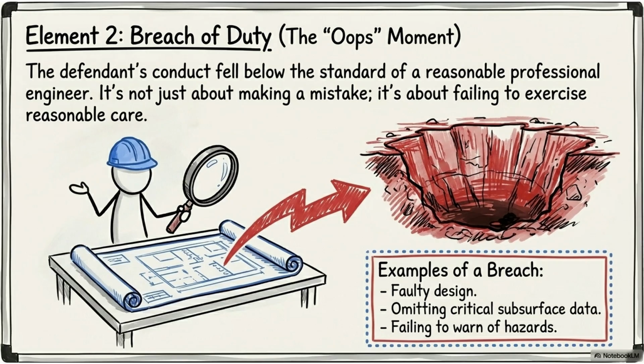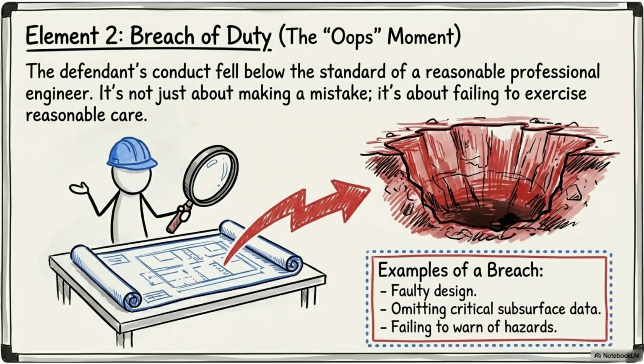Second, breach of duty. The defendant didn't follow good standards of behavior. So their conduct fell below the standard of a reasonable professional engineer. And that's a very crucial point.